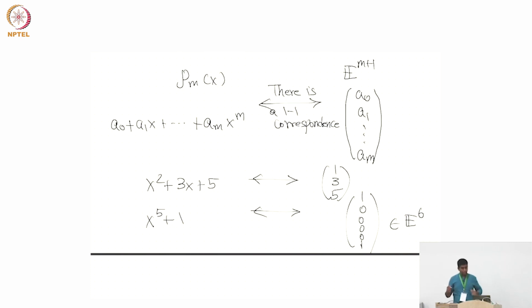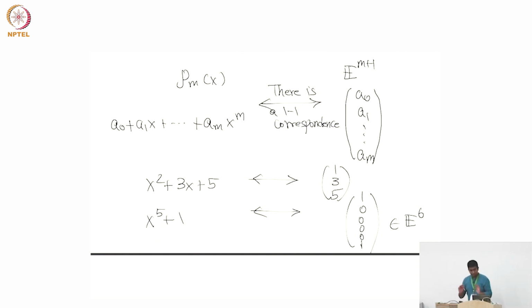Okay. So I can go both directions. Given a polynomial, I can write down an element of this Euclidean space, or given an element of the Euclidean space, I can write down this polynomial, right?